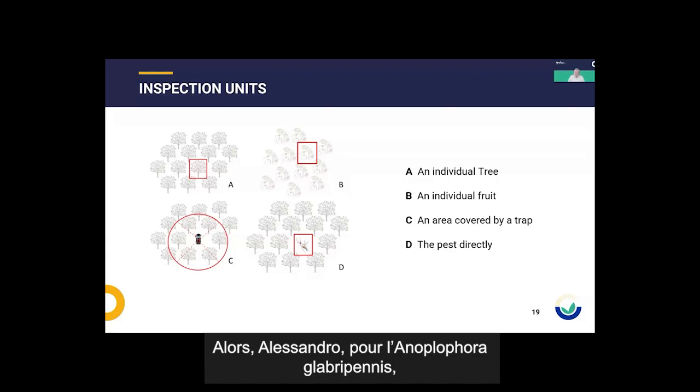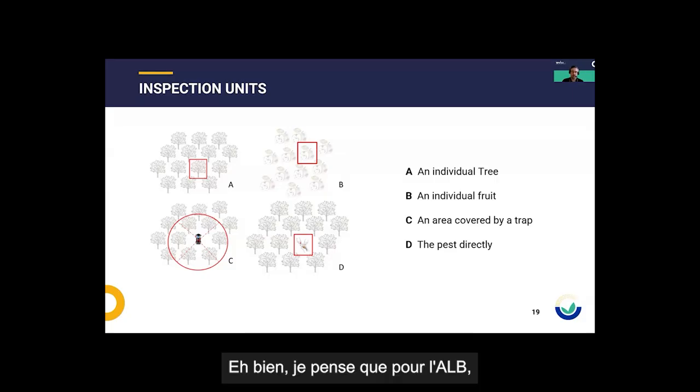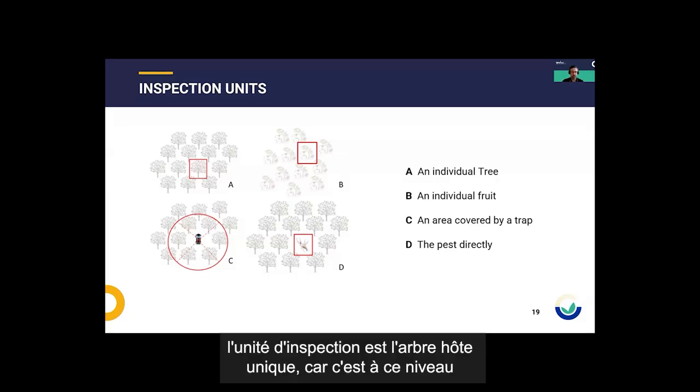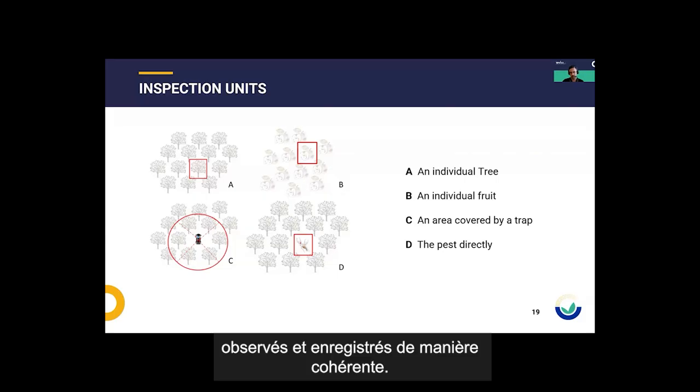So Alessandro, for Anoplophora glabripennis, what could be our inspection unit in the survey? Well, I think for ALB, the inspection unit is the single host tree, since that's the level where infestation signs can be consistently observed and recorded.